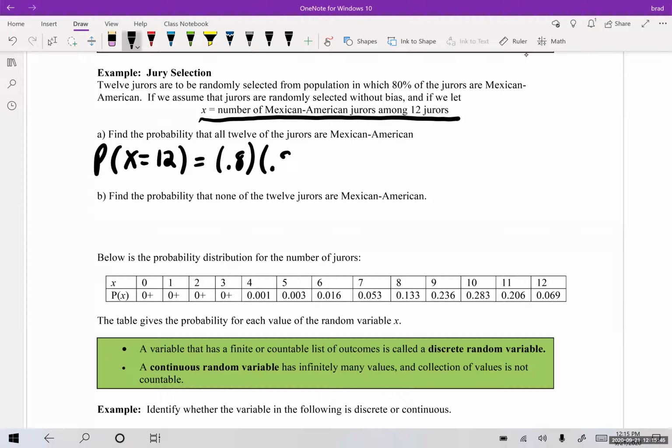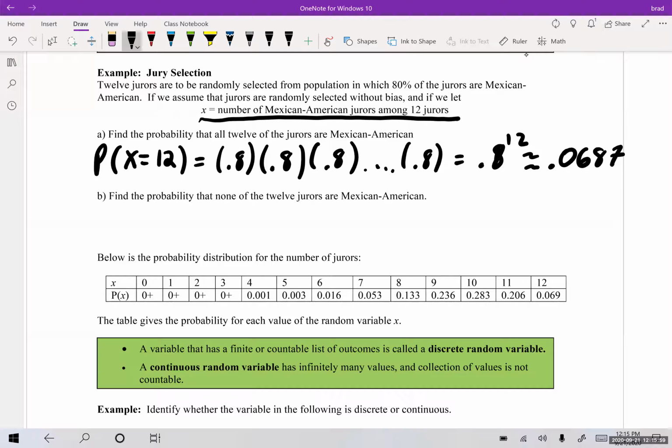What's the chance of the next one? 0.8. And the next one, 0.8. So this will actually be 0.8 to the 12th, which is approximately 0.0687 if we use 4 decimal places. If you take 0.8 to the 12th on your calculator, you'll get approximately 0.0687.